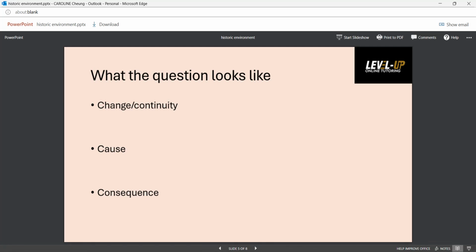That is it. That's what they can ask you. So as you go through your site and you learn all about it, just be thinking to yourself, does this represent change? Does this represent lack of change or continuity? Why were they making this building? What happened for the owner or the designer as a consequence of it?